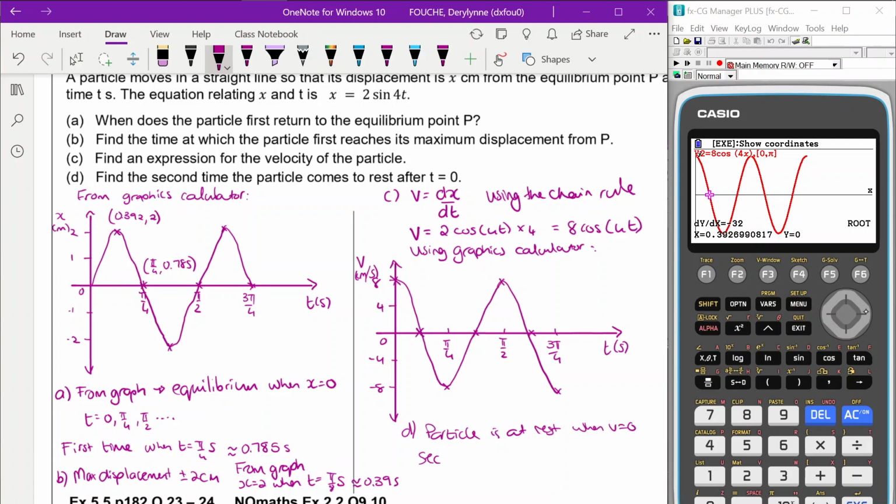And the second time from the graph, we're going to look and see, oh, it's at 1.18 seconds. So t is approximately equal to 1.18 seconds. And again, we're going to label that point. So that would be 3 pi on 8, but we would have 1.18 and 0.